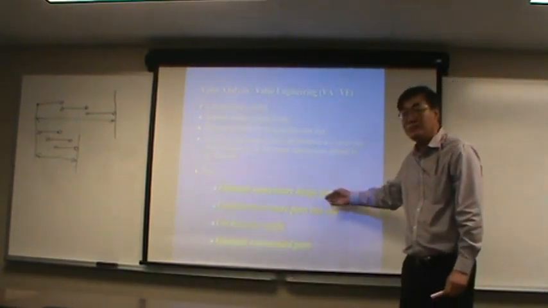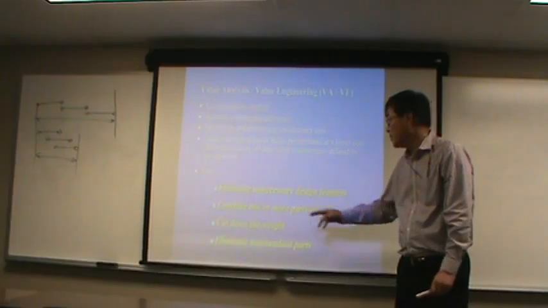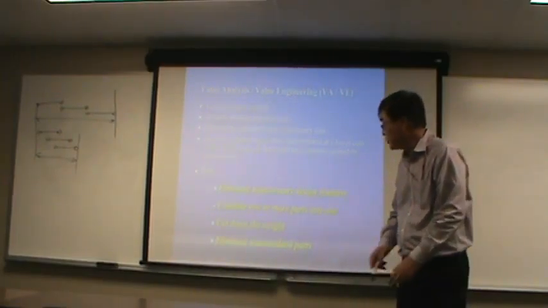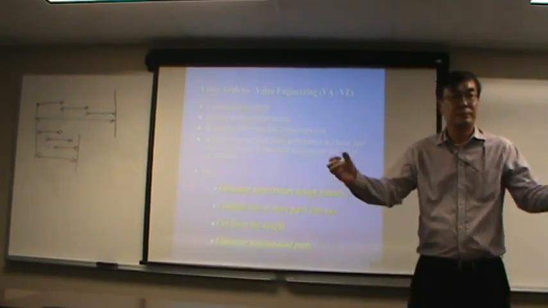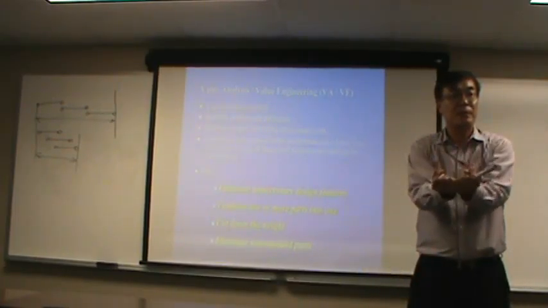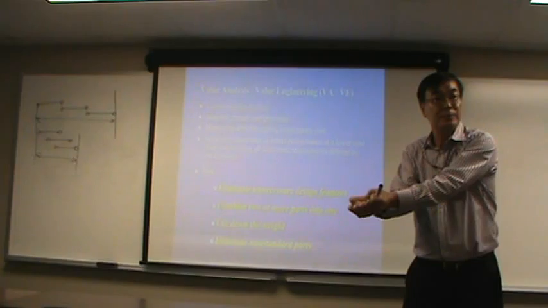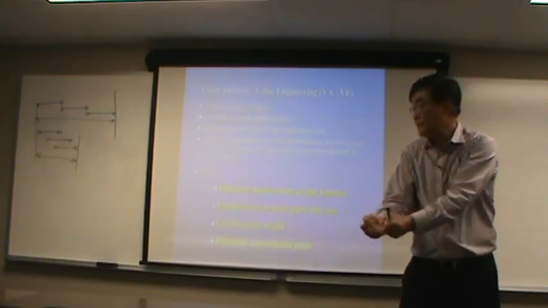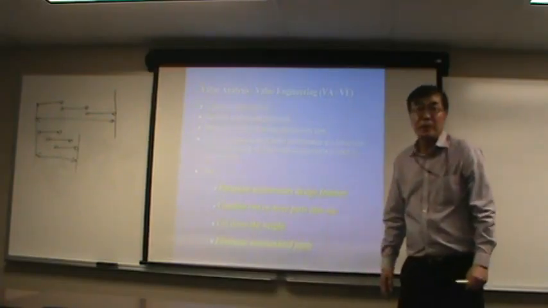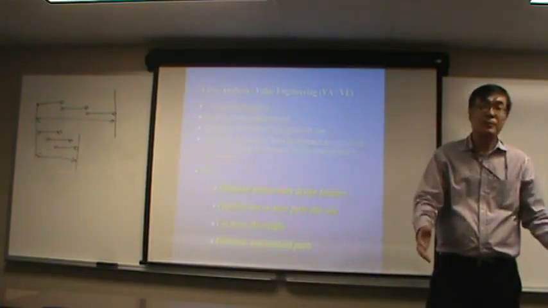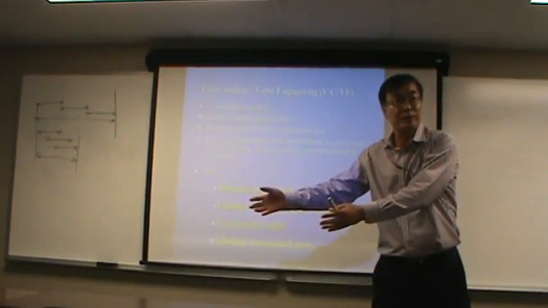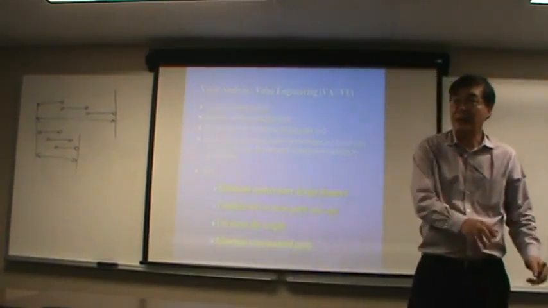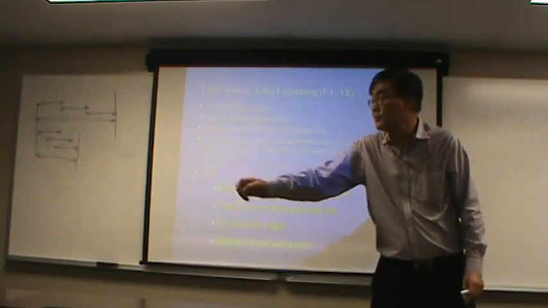So, eliminate unnecessary design features. Combine two or more parts. Two parts make one part and then assemble. Cheaper, faster, better, right? And then cut down the weight. If something is very heavy, then it's hard to move, right? Make it lighter, then move fast, right?